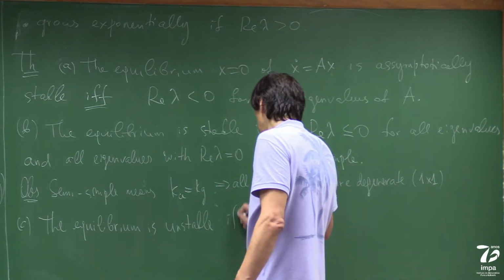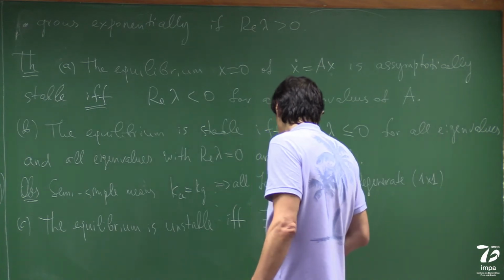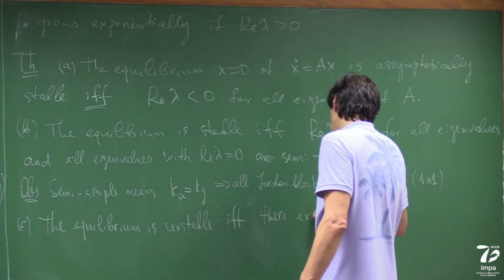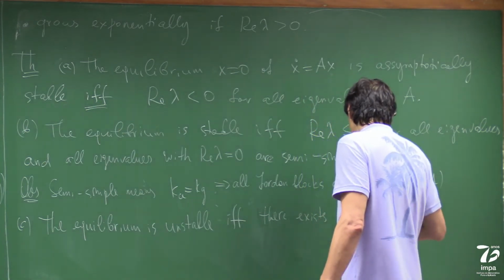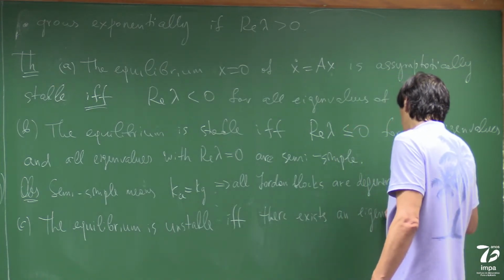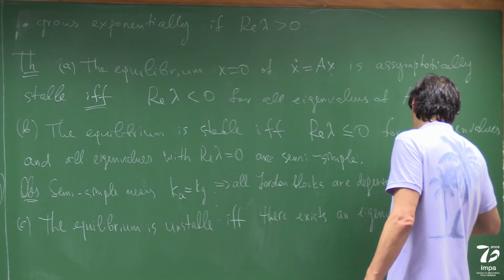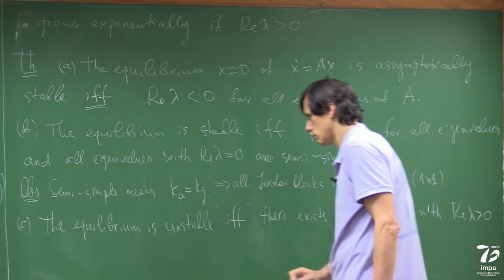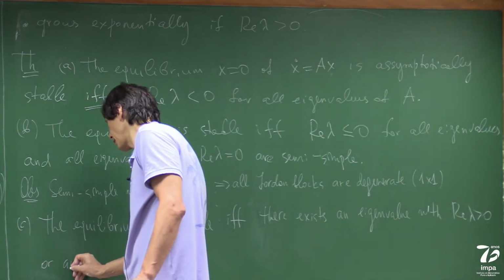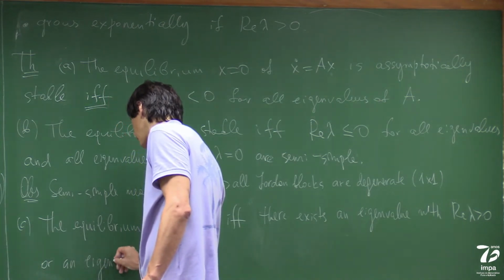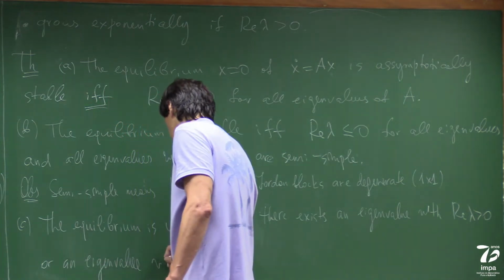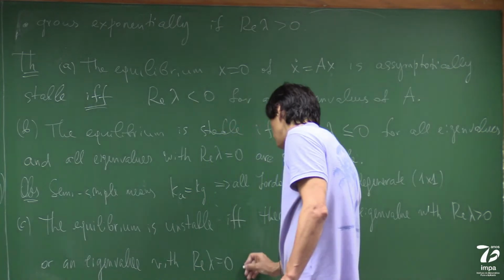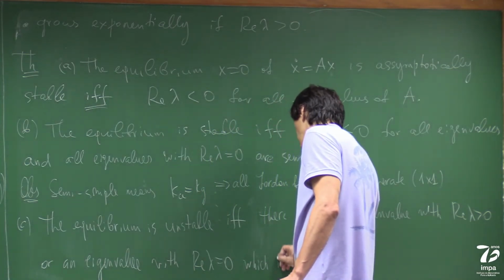So if and only if there exists at least one eigenvalue with negative real part, with positive real part, or an eigenvalue with 0 real part which is not semi-simple.